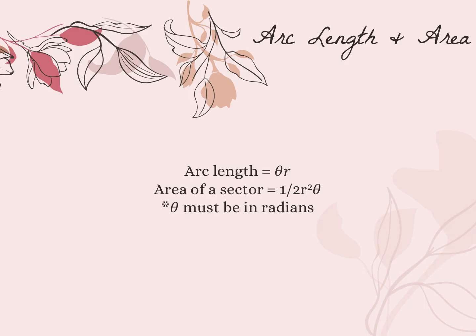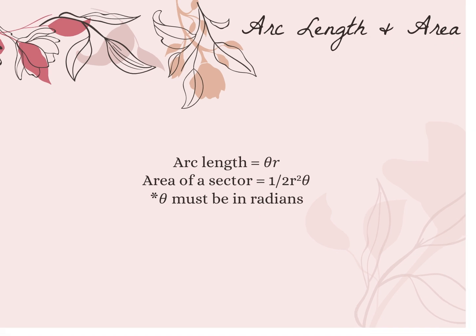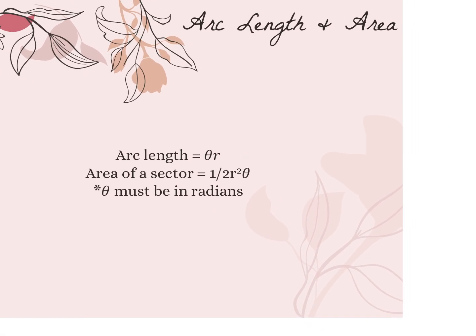So the formula to calculate an arc length is theta times the radius. Theta must be in radians. So when we talk about an arc length, think about a piece of pizza. Arc length is the length of the crust of your pizza. Area of the sector would be like the whole piece of pizza.